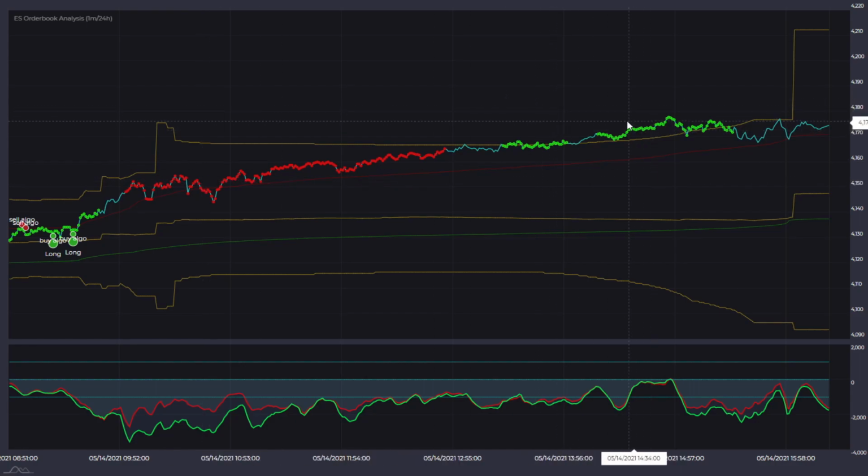Let's say we have some kind of resistance level here, and I want to see if this confirms this level. Is it producing red dots? I wouldn't use it this way, and I don't use it.